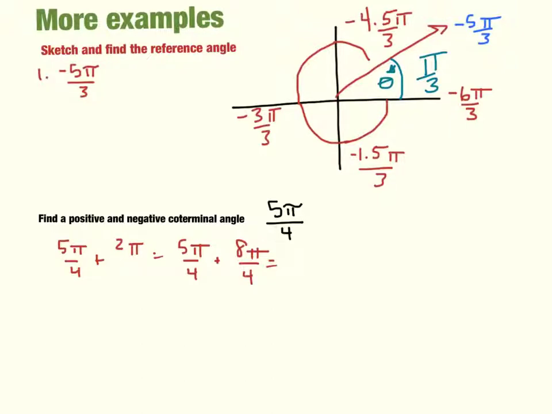So I have a positive coterminal of 13 pi over 4. Or I could subtract 2 pi, so 5 pi over 4, we've already done the conversion, so minus 8 pi over 4. This has a negative coterminal of negative 3 pi over 4. And now I've found a positive and a negative coterminal angle for 5 pi over 4. All right, and that's as far as we're going to go with radians today.